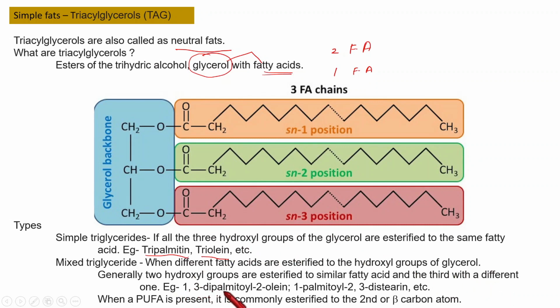Examples are 1,3-dipalmitoyl-2-olein and 1-palmitoyl-2,3-distearin. From the name itself, we can understand the pattern of fatty acids.